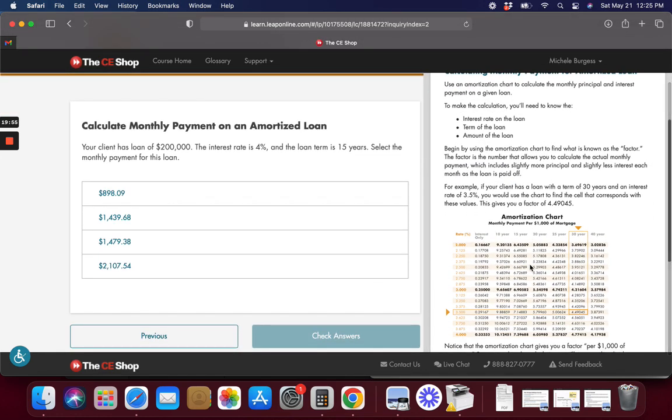So we have another amortization chart. The interest rate is 4% at 15 years, 7.39. Amortization. Select the monthly payment, 15 years. 200,000 times 4%.